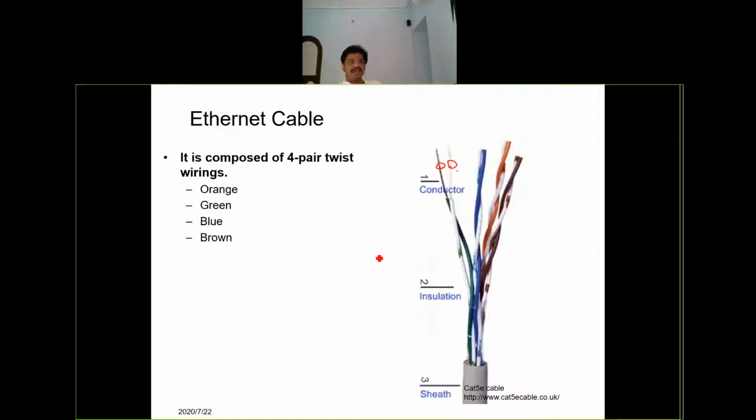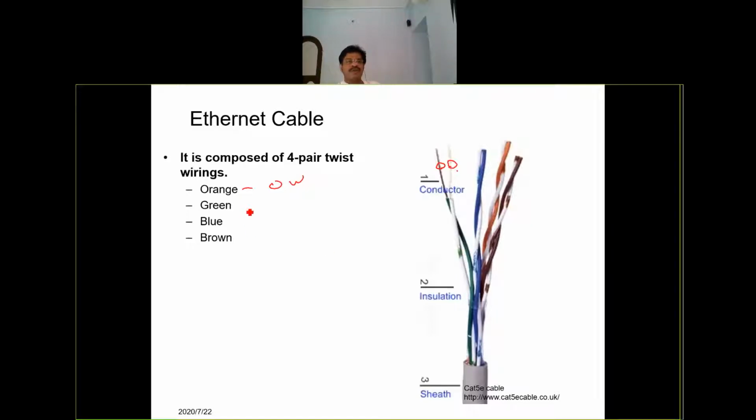The conductors are colored with a specific color code. These color codes are according to the EIA 568B standard. Typically, of the 4 colors used, one conductor will be orange, the second conductor will be orange white. See here, this particular one is green white, mostly white with a patch of green.